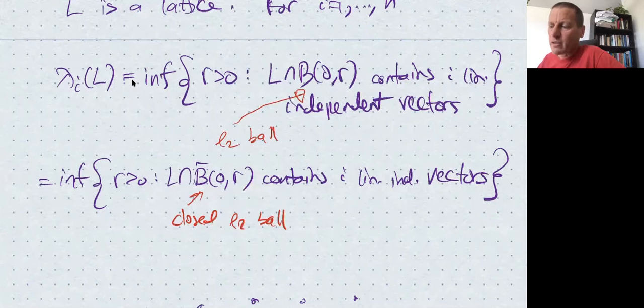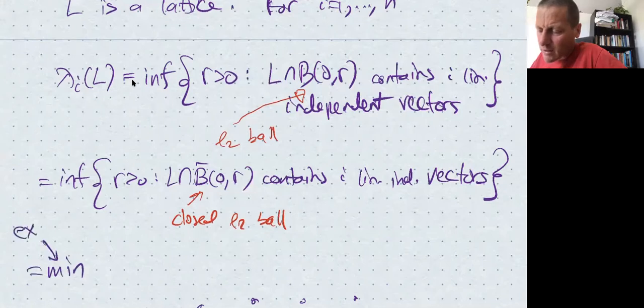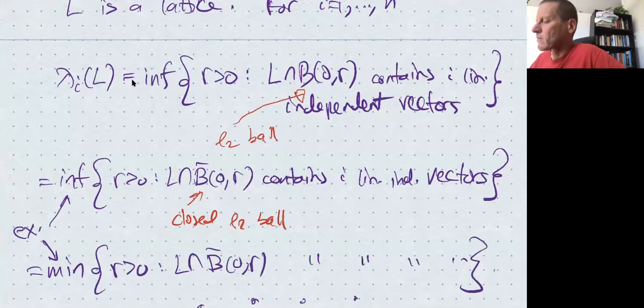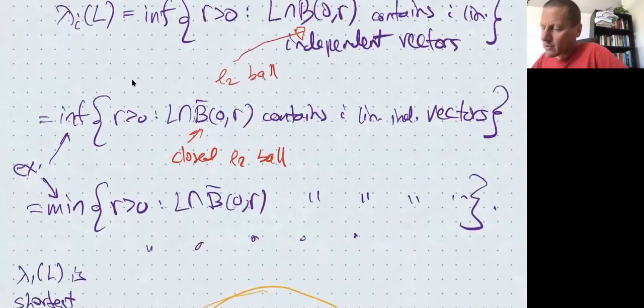It's actually achieved because of the compactness of these balls. And so I'll just write that down as an exercise for you, which is basically what I did in the previous argument. So this is an exercise that the infimum are the same if I work with closed balls. Okay, wonderful fact.